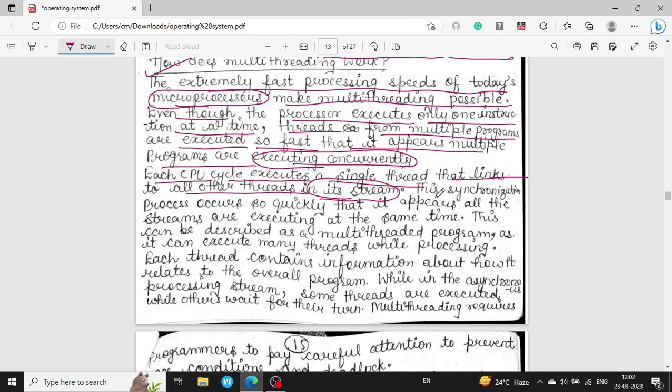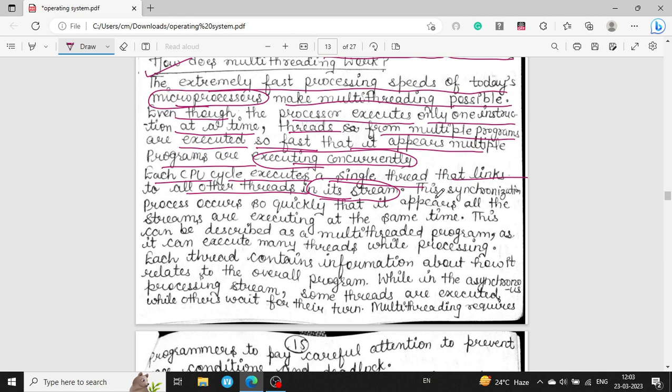We can say that a multi-threaded program executes many threads while processing. Every thread contains information about its processing stream. Some threads are executed while others wait for their turn.